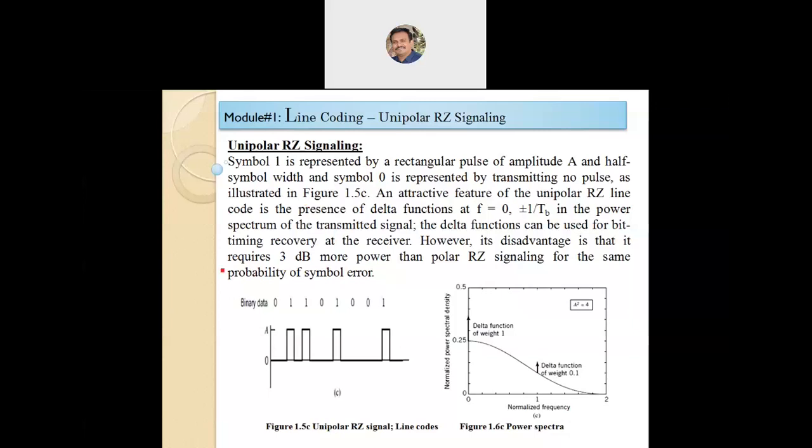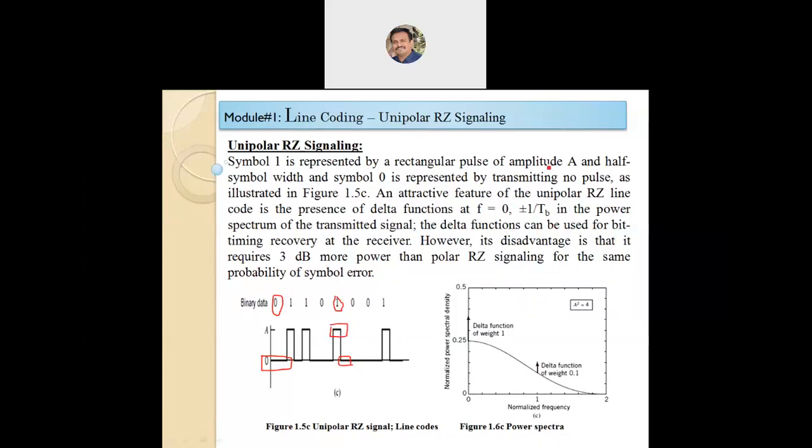As we can observe in figure 1.5c, 0 is represented with 0 amplitude, and 1 has T_B by 2 width of plus A, and the remaining half of the pulse width is 0.